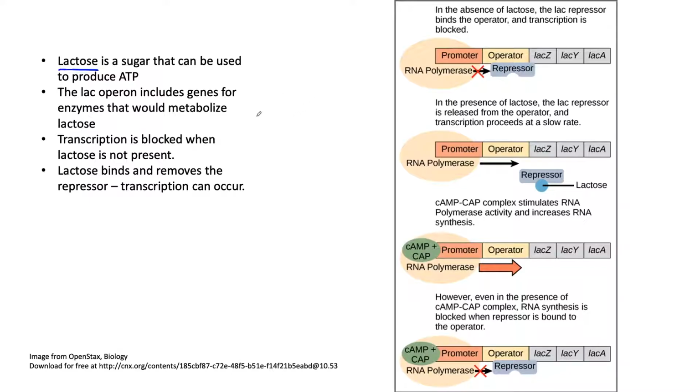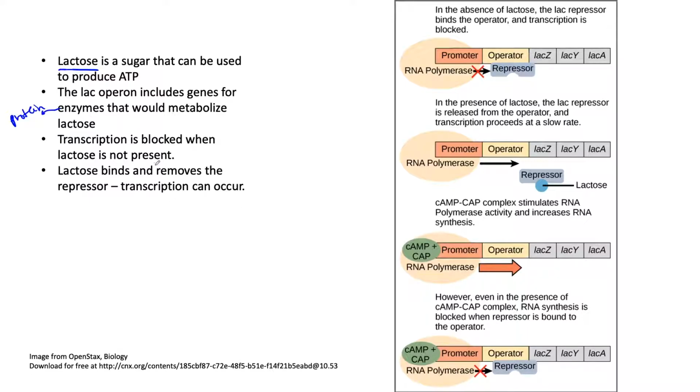Okay, the Lac Operon codes for genes that instruct for enzymes. So an enzyme, remember, is the protein. That's the protein product that would metabolize lactose sugar. So in other words, the Lac Operon is controlling whether or not these enzymes get made that can actually break down lactose.